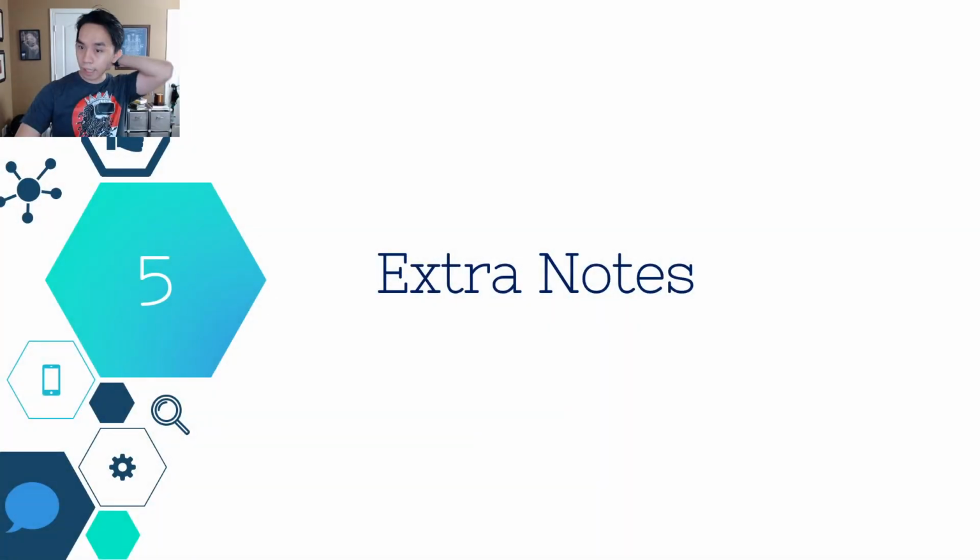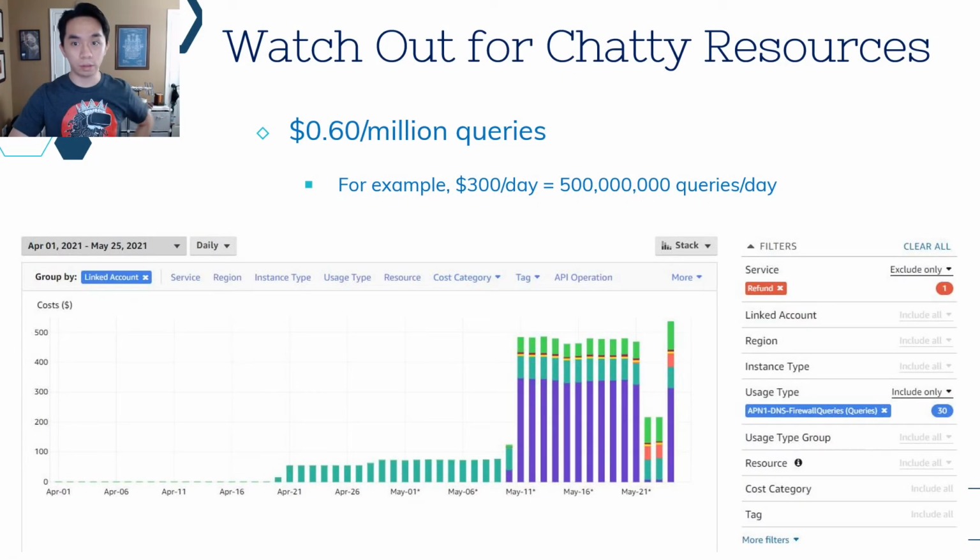All right. Next is some extra notes on this whole thing. Now we ran into some issue with an account that we have. Apparently, if you look at the cost down here, the DNS firewall query cost them more than $300 per day. That is really expensive.